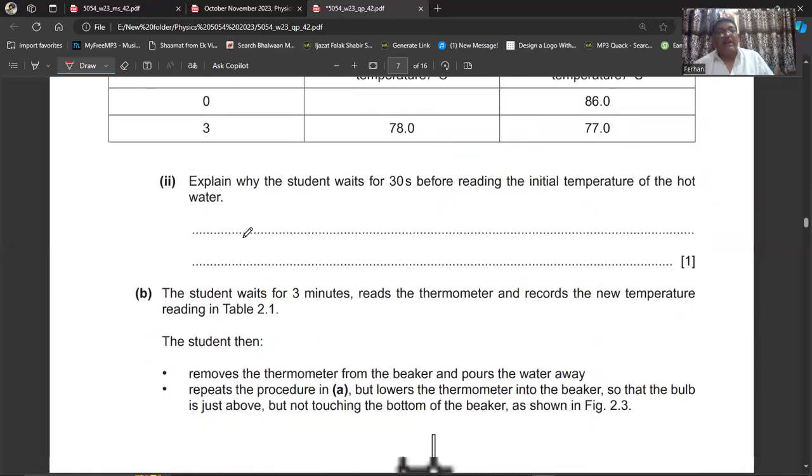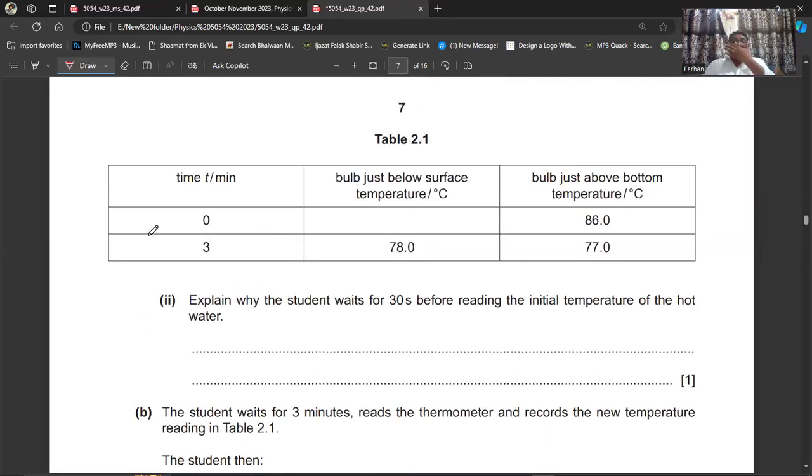Okay. So now they are asking, explain why the student waits for 30 seconds before reading the initial temperature of the hot water. You see, when you have dipped the bulb of the thermometer into the hot water, you give it some time. For example, you wait for 30 seconds. Why do you do that? Because you allow the liquid in the thermometer to react to the temperature of the water, and you give it time so that the liquid can expand and the thermometer can respond to that temperature.